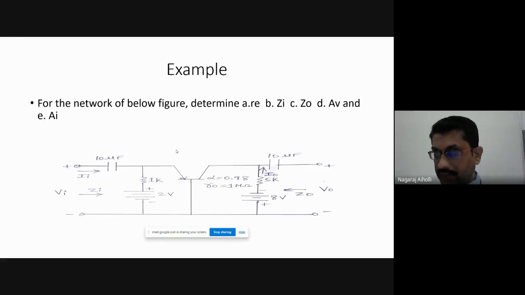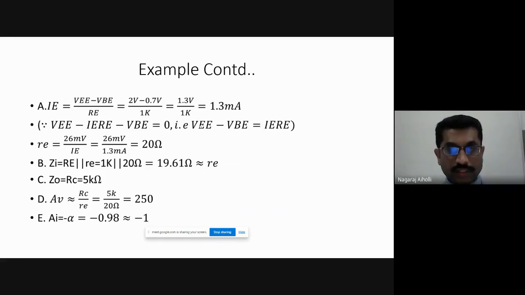Sania, how much are you getting? 19.61, yes. 19.61 ohms, which is approximately equal to small re.